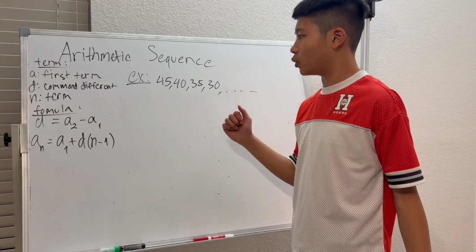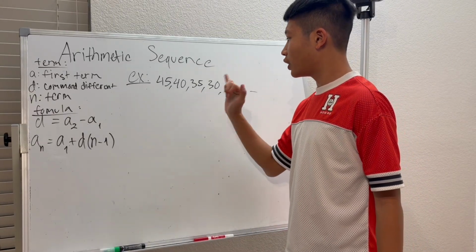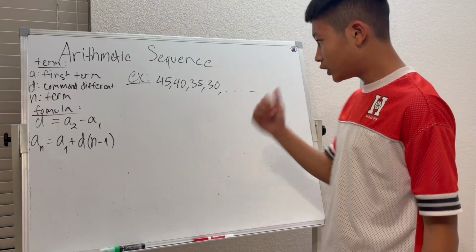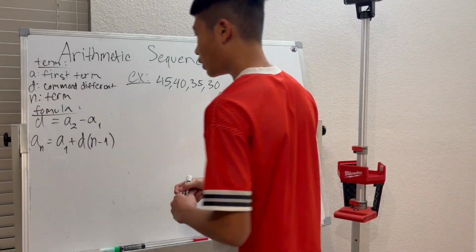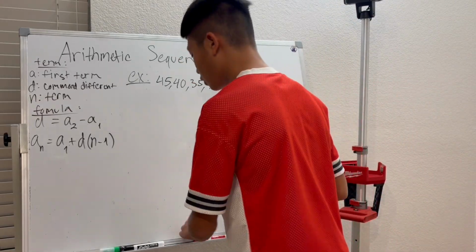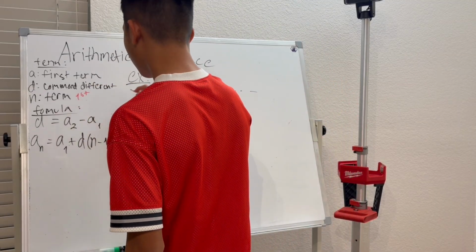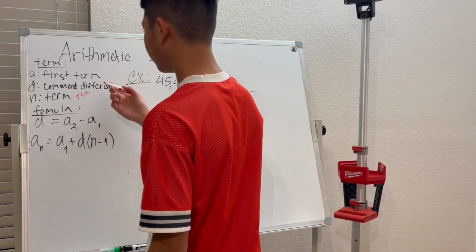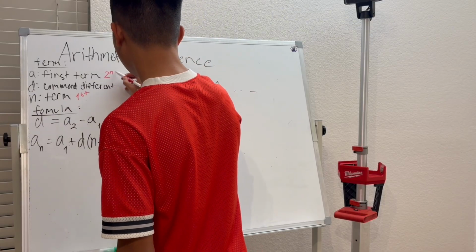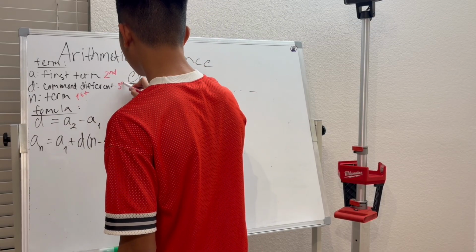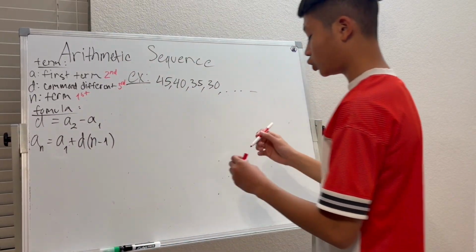Okay, second example, we have 45, 40, 35, 30. Let's label the terms first. This is the first term, second term, and third term. It doesn't really matter which one you do first.